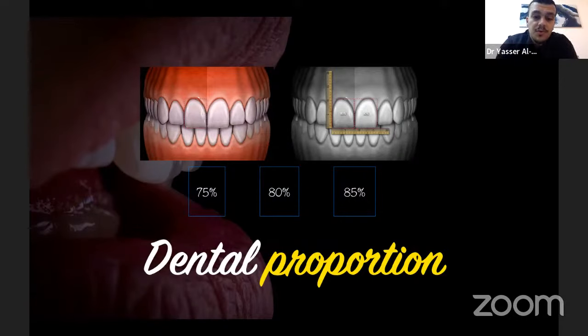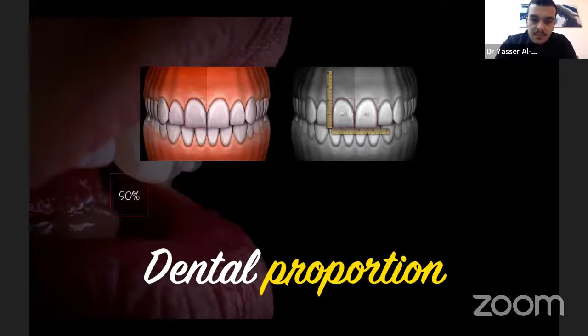The golden proportion for these is 70% to 75% to 85%, which is the proportion of the centrals to the lateral and to the canine. It is also the proportion of the height to the width of the tooth, and the proportion of central to the lateral.